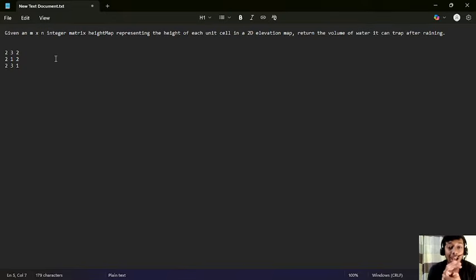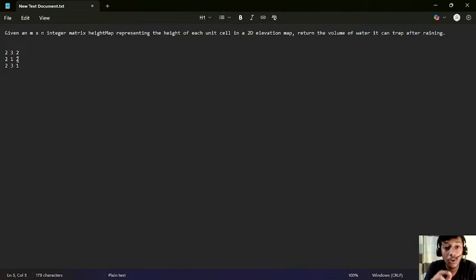And how much water can a cell store? The cell can store the amount of water determined by the minimum of all the four boundaries. Here the cell value is 1, and the four boundaries are 3, 2, 3 and 2. What is the minimum? 2.